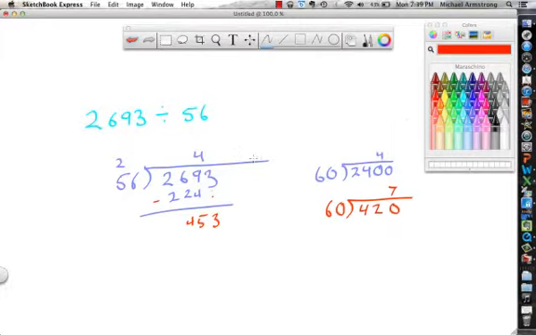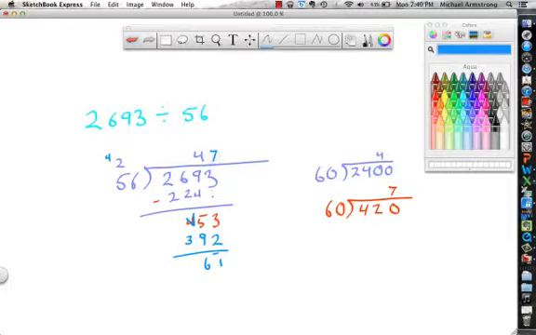So we just go ahead and do that. I'll try the 7. 7 times 6 is 42. 7 times 5 is 35, plus 4 is 39, and subtract is 61.